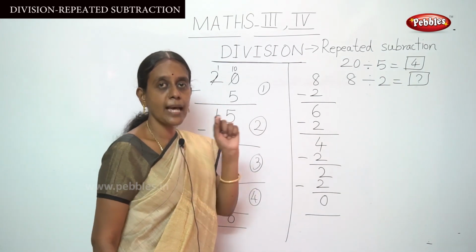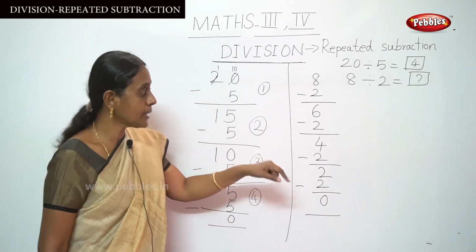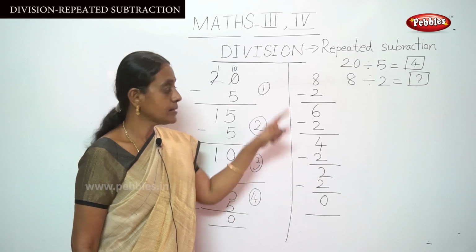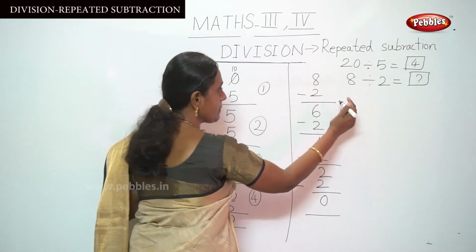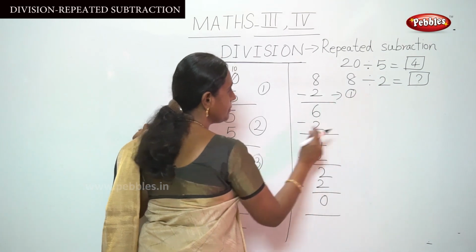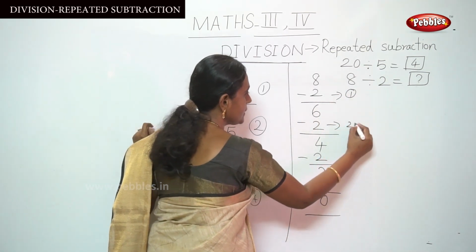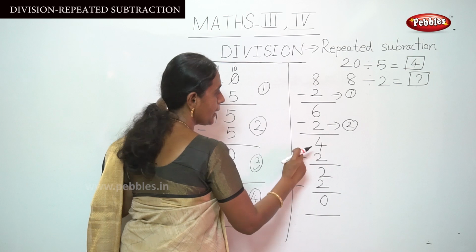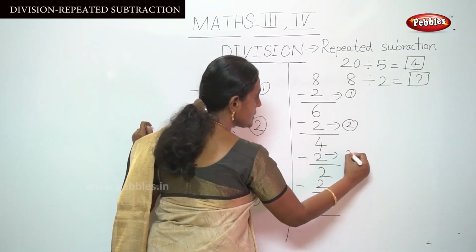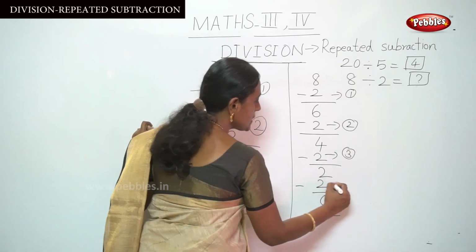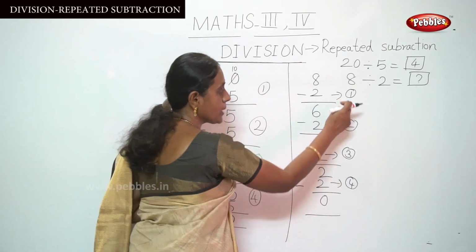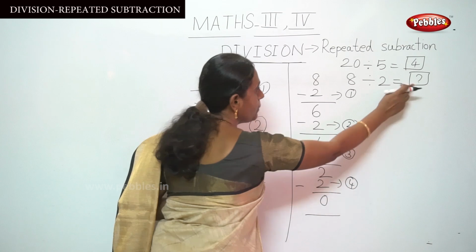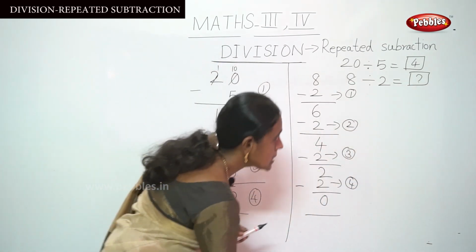Now you have to calculate how many times the subtraction is done here. This is the first subtraction, the second, the third, and this one is the fourth subtraction. Count the number: 1, 2, 3, 4.